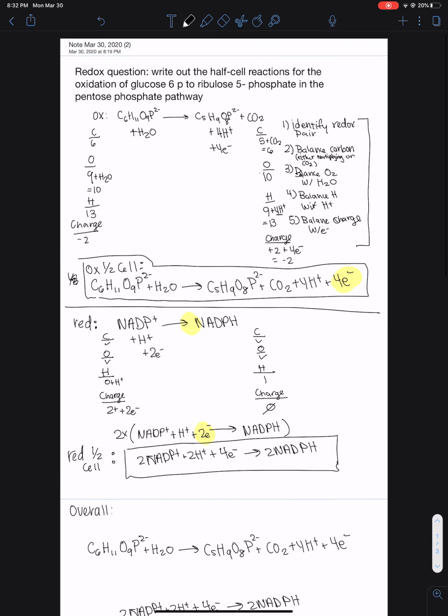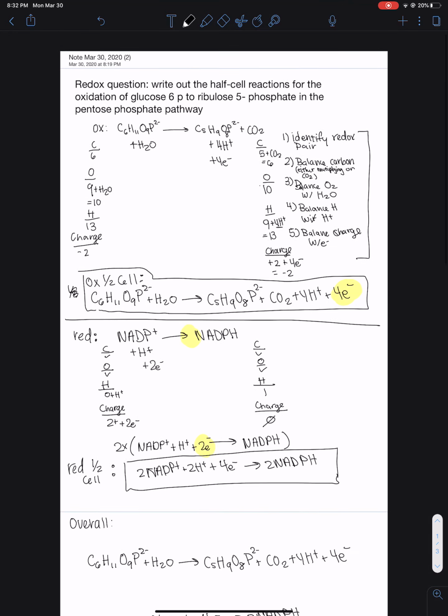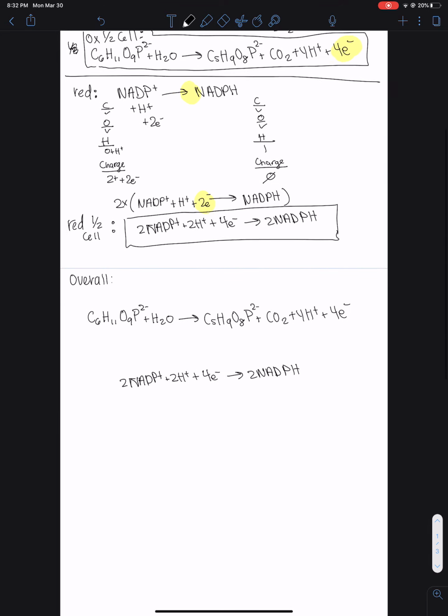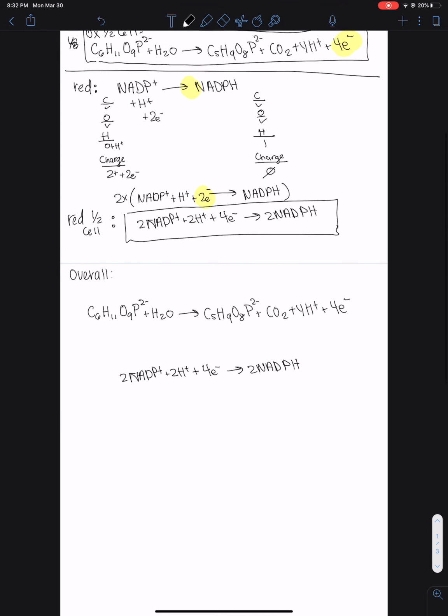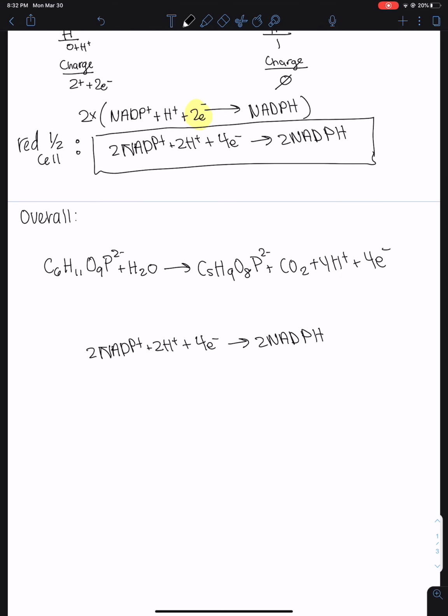I don't think the question asks for that. It says write the half cell, so I would have been already done if the question just asked that. Just giving these two would have been done, but oftentimes they also ask to give the overall equation, and so the overall can be done simply by adding the two together. You have 4 electrons on this side and 4 on this side, which cancel out, which is what's supposed to happen.